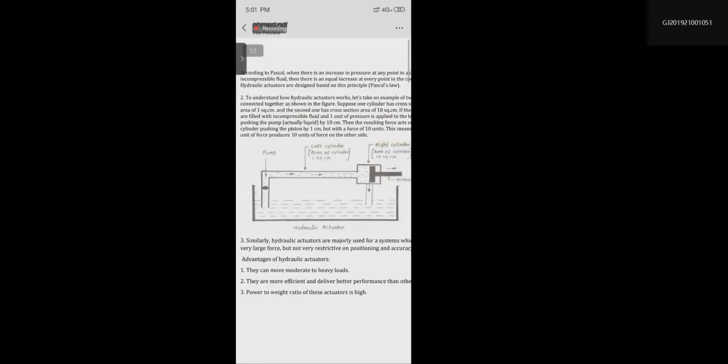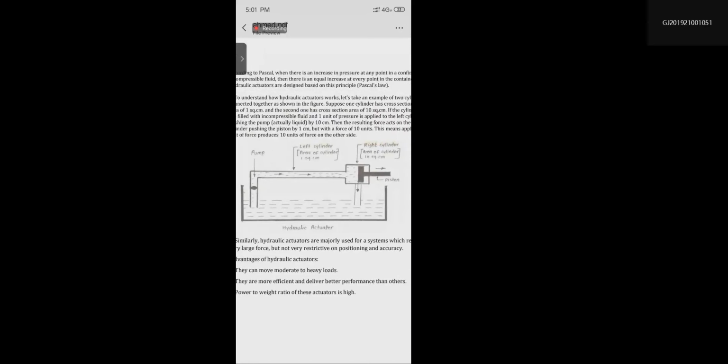You see, when pressure is applied on the 10 centimeter side, it means on the other side you apply the same force. Hydraulic actuators are majorly used for systems which require very large forces, but are not very restrictive on positioning and accuracy.